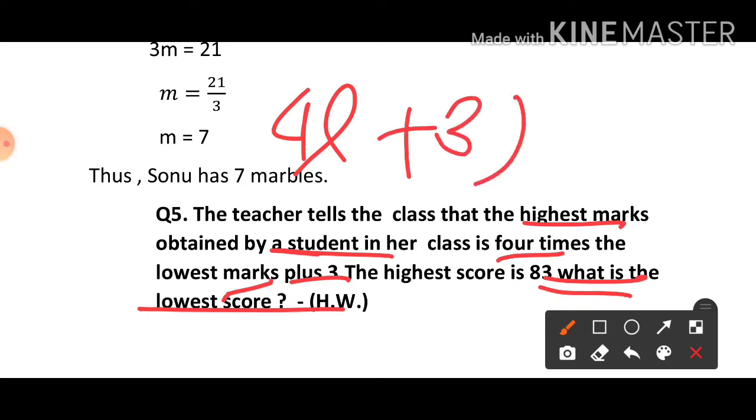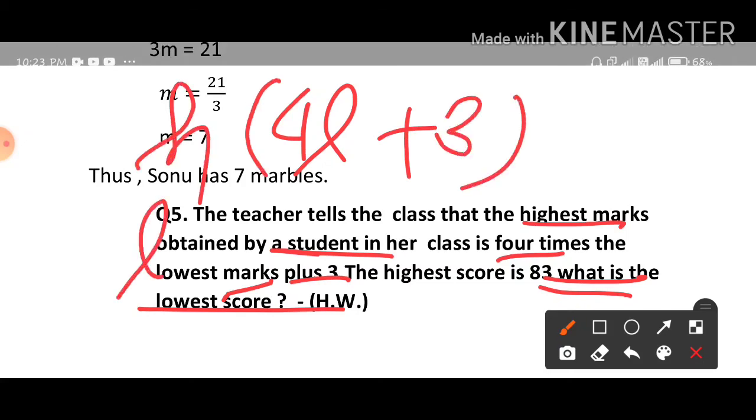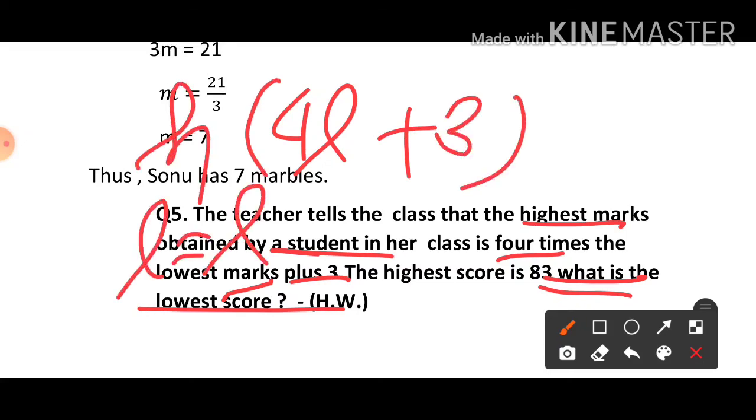This is the highest marks, and the lowest marks is L, and the highest score is 83. It means 4L plus 3 is equal to 83. So using this you have to find the value of the lowest mark.